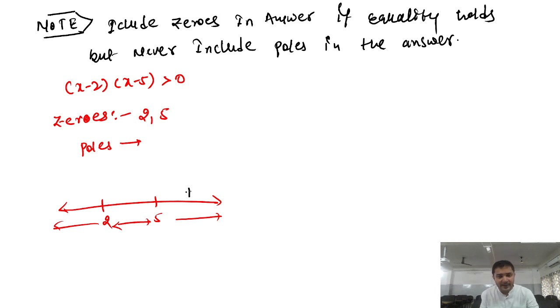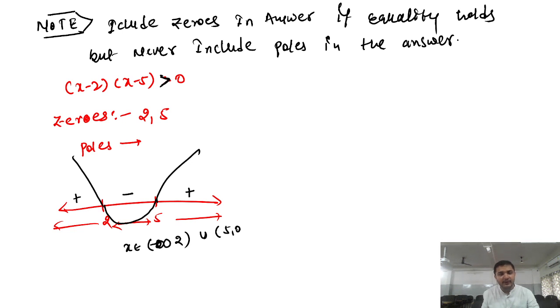Now from the extreme right I'll write plus, minus, plus. A plus sign gives the answer for a greater than 0 inequality; positive means above the curve, negative means below the curve. So for greater than 0, x belongs to minus infinity to 2 union 5 to infinity.